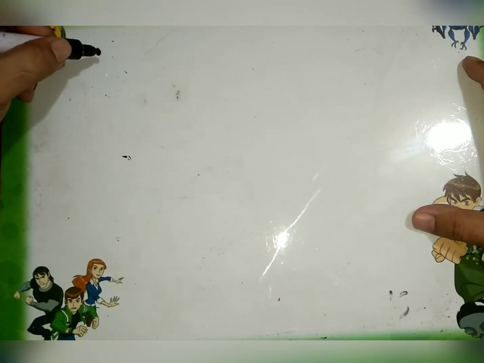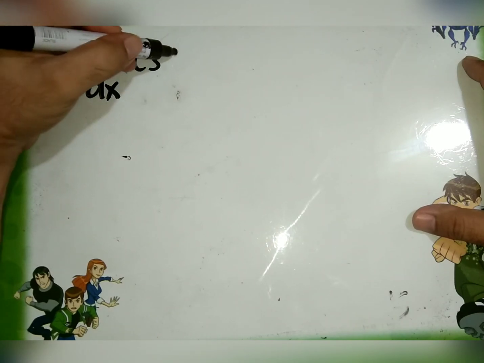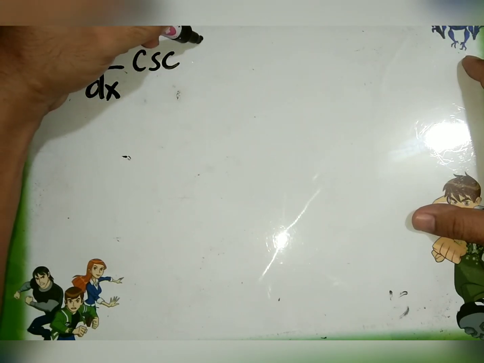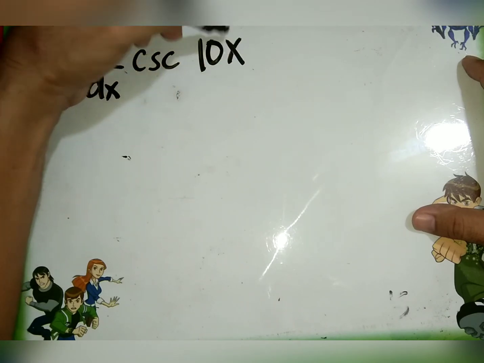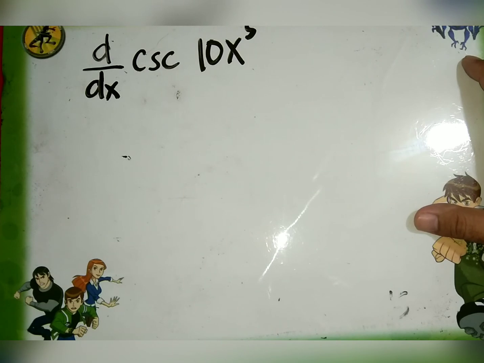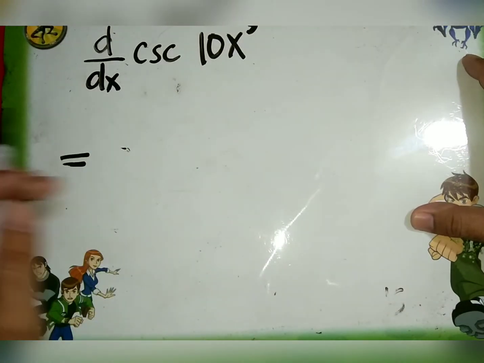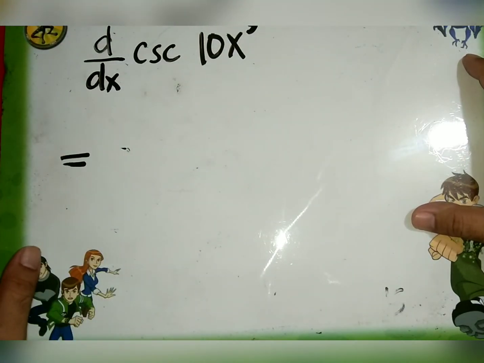Okay, last example. We have derivative of cosecant 10x raised to 5. What is derivative of cosecant 10x raised to 5 with respect to x? So, derivative ng cosecant natin is negative cosecant cotangent.